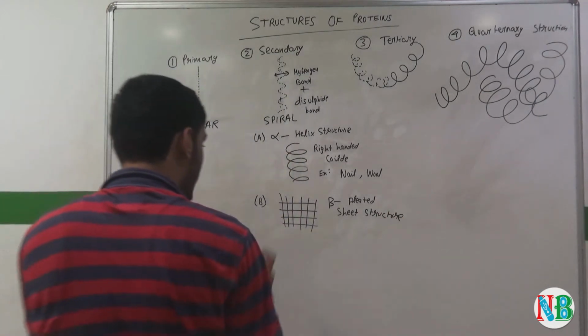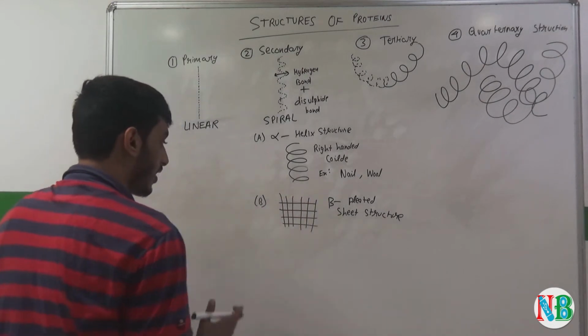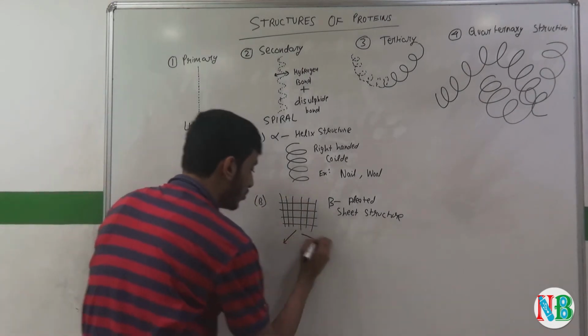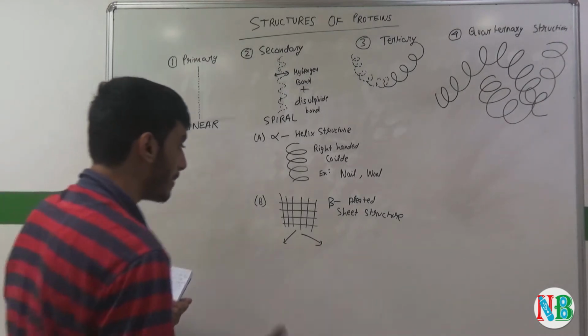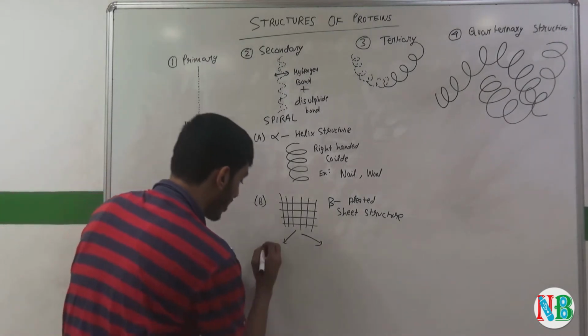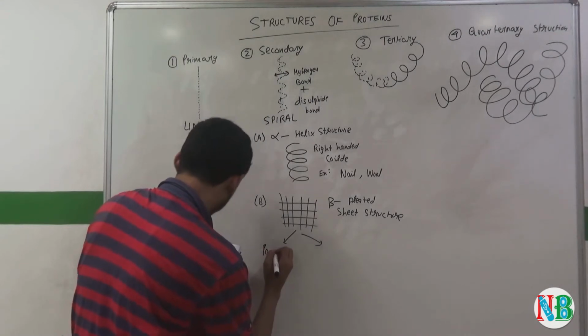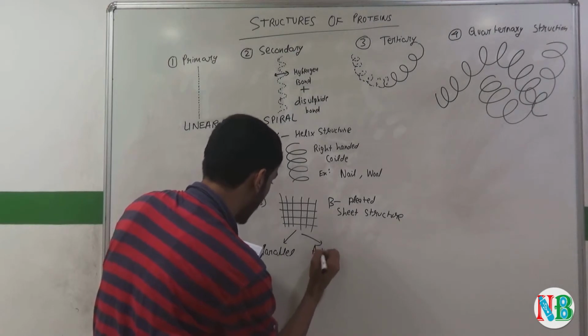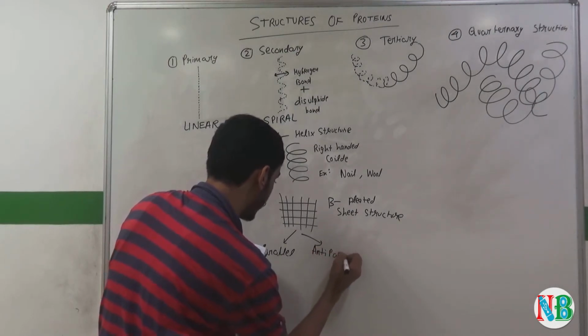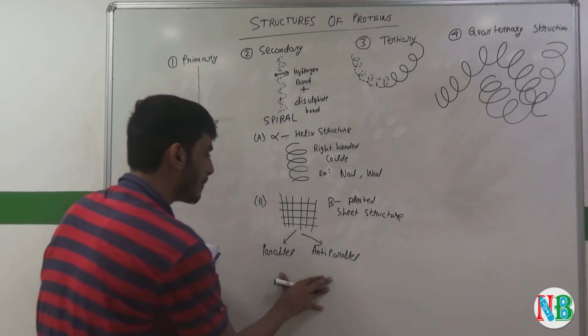So they are stacked to each other. Under this section you have two different types of sheets. You don't have to remember it, but just for knowledge, you either have a parallel sheet or an anti-parallel sheet.